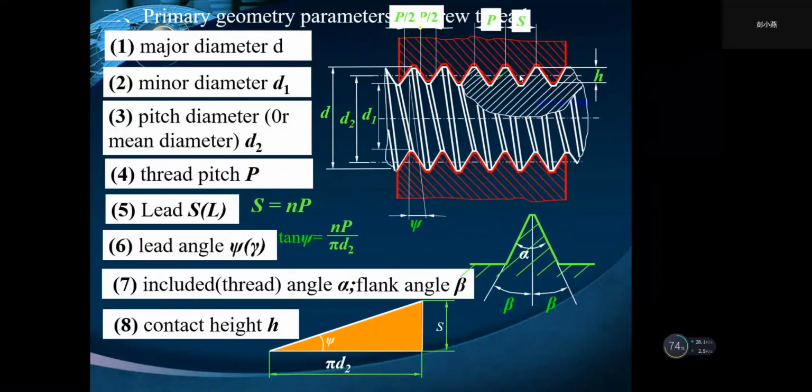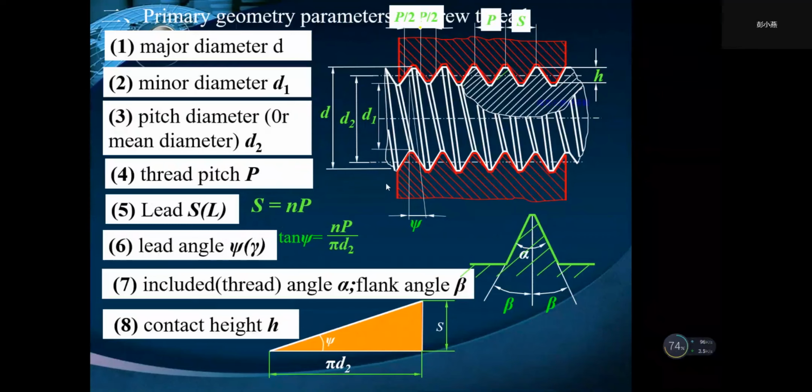For single thread screw, S is P, but for multi-thread screw, the lead is n times P. P is the thread pitch.